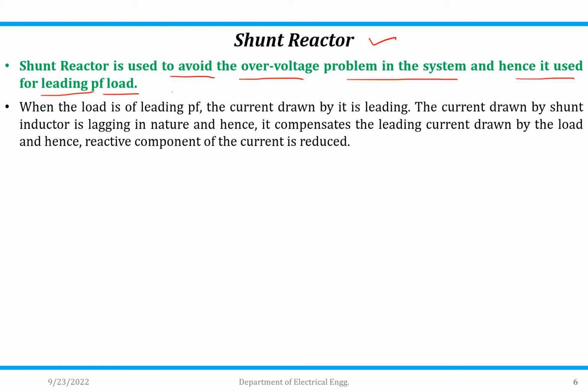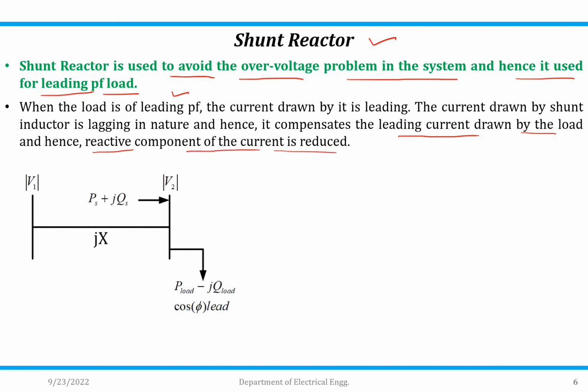Whenever the load is a leading power factor, the current drawn by that load is also leading. The current drawn by the shunt inductor, or shunt reactor, is lagging in nature, and therefore it compensates the leading current drawn by the load, and therefore the reactive component of the current is reduced here.